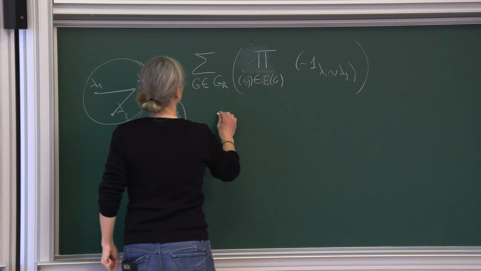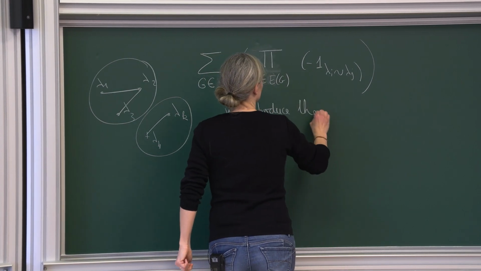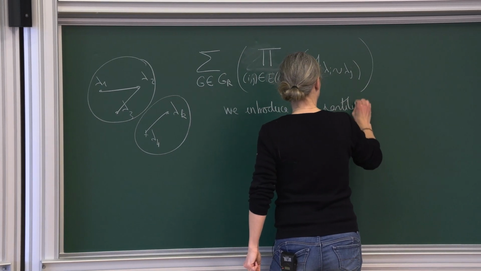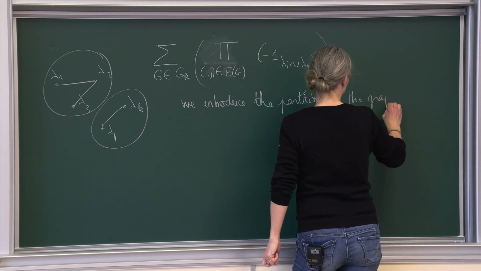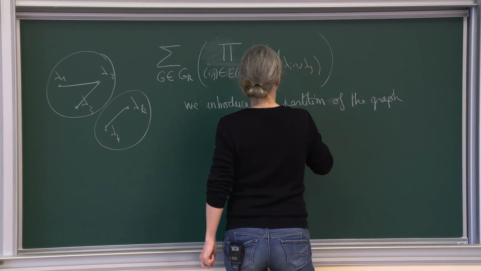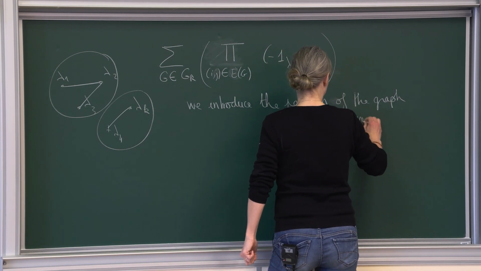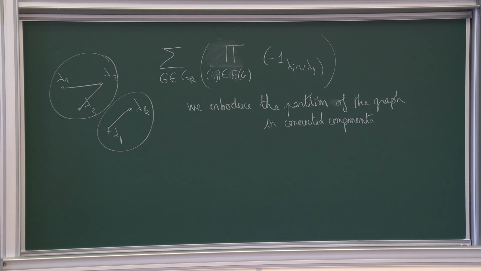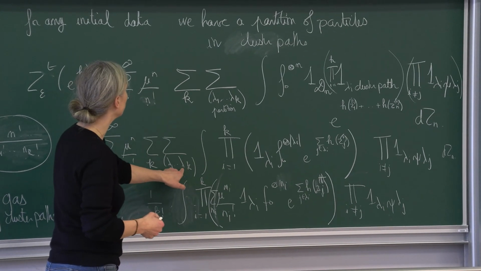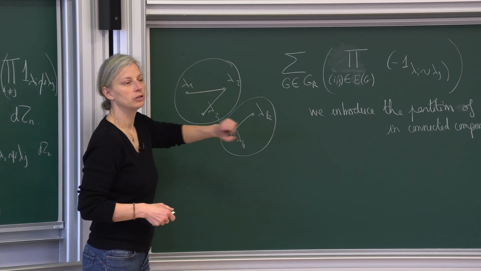So we introduce the partition of the graph in connected components. Now you see that the equivalent to being in the same cluster path is to be in the same connected component of the graph. And then the equivalent of the lambda 1, lambda k will be all these connected components of the graph.